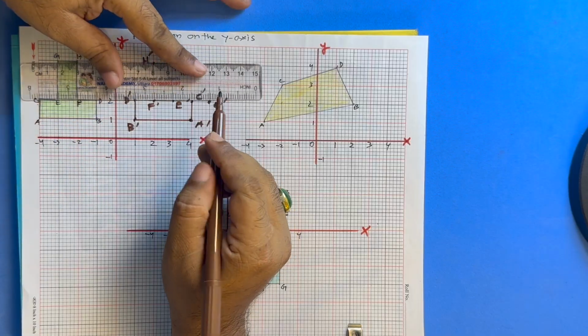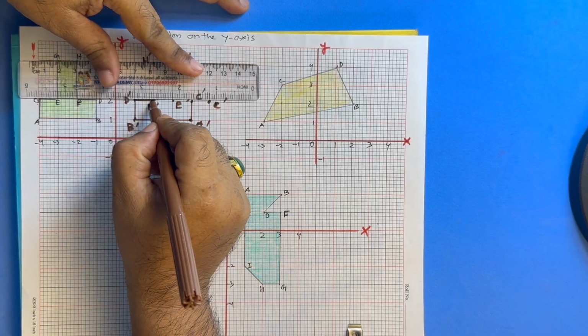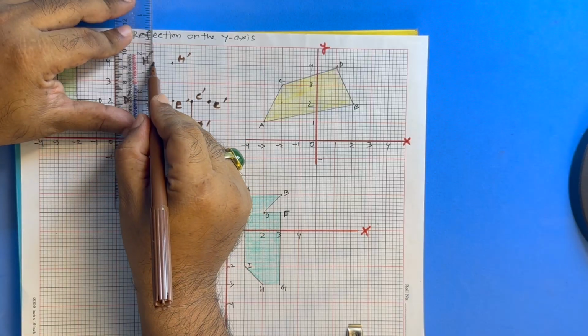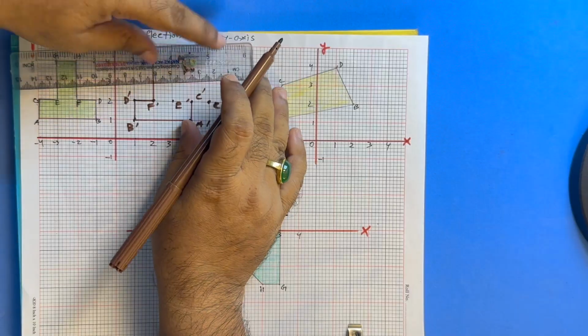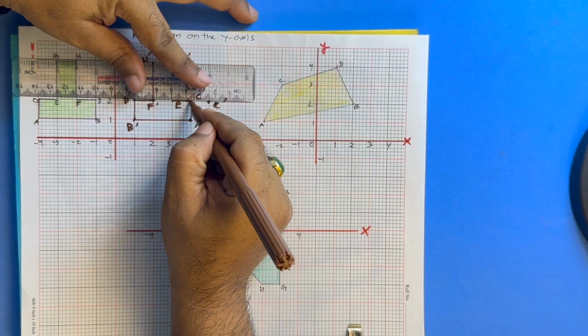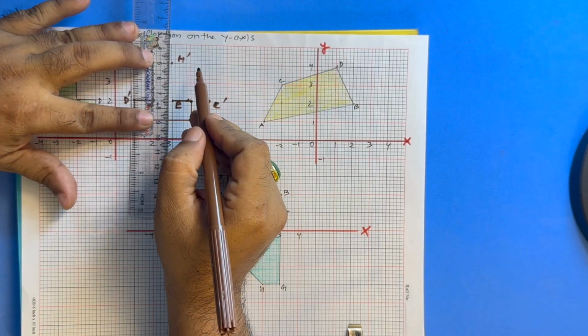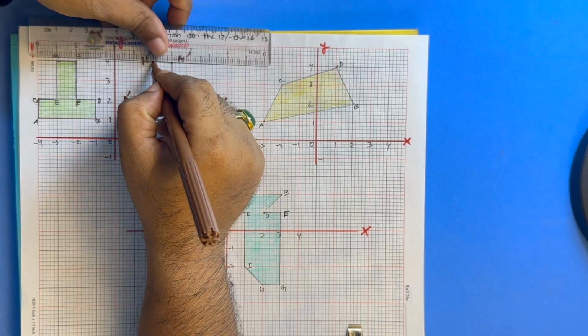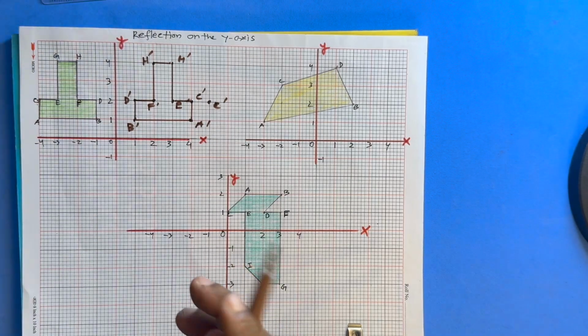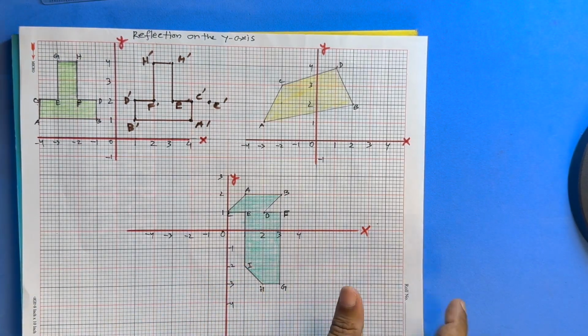Okay, and this one, and these 2 points connect together, and these 2 points. This looks good.